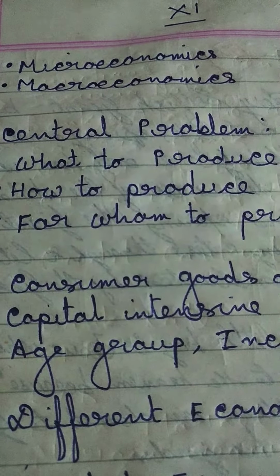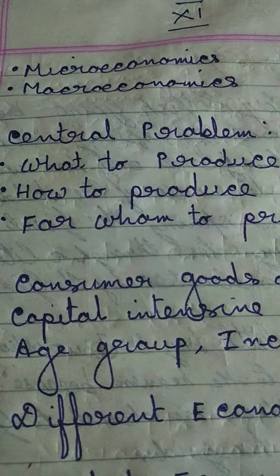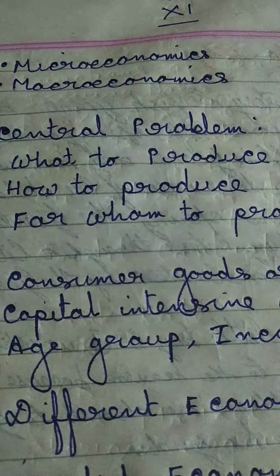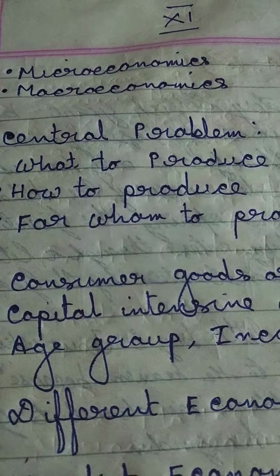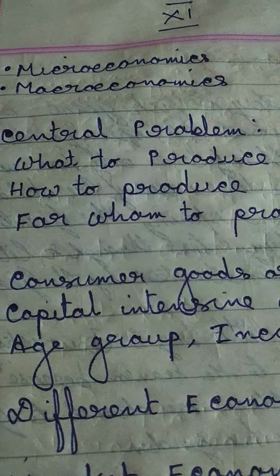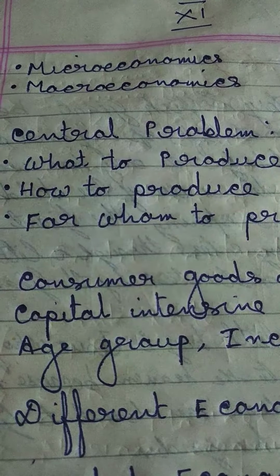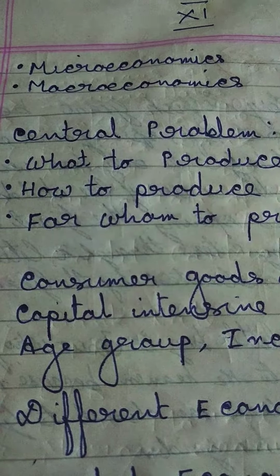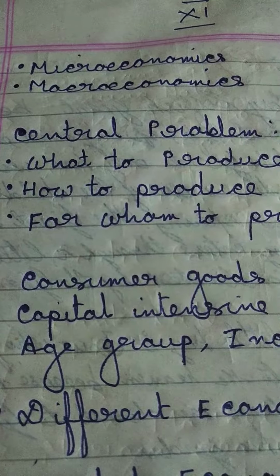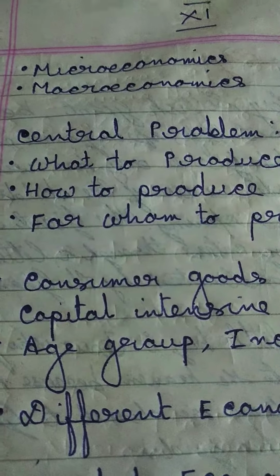So microeconomics basically deals with consumer behavior, producer behavior, determination of price and quantity demanded in a particular market. So these all come under microeconomics.